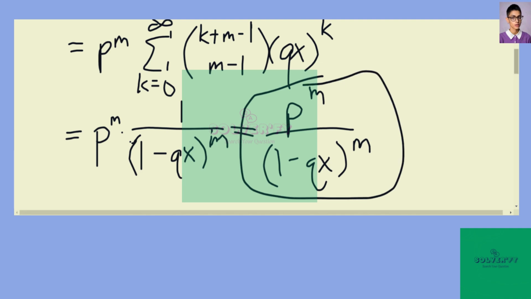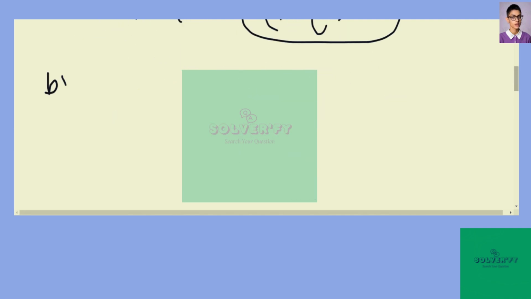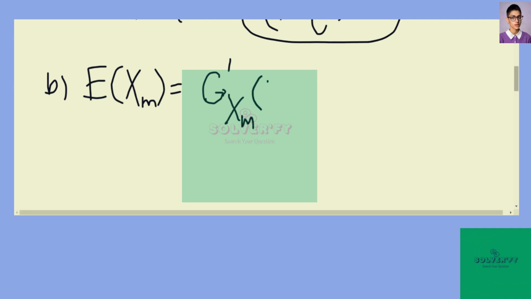In part B, we're asked to use the results of the previous problem to find the expected value and the variance of X_m. So recall that from the previous problem, the expected value is equal to G prime X_m of 1.